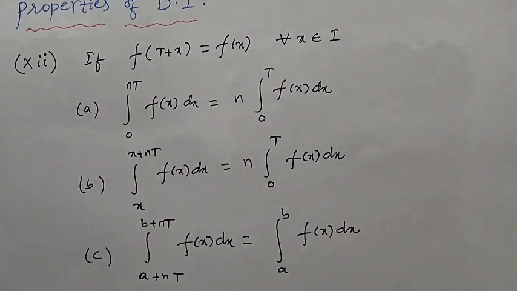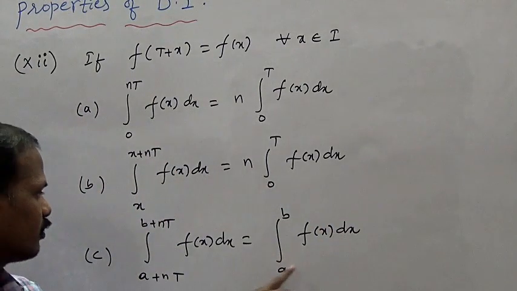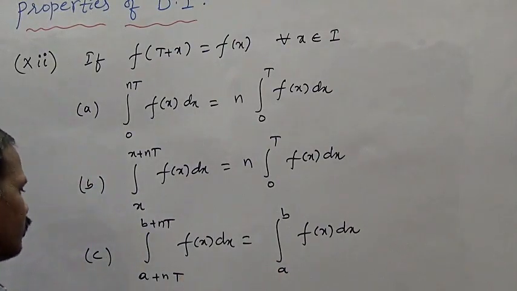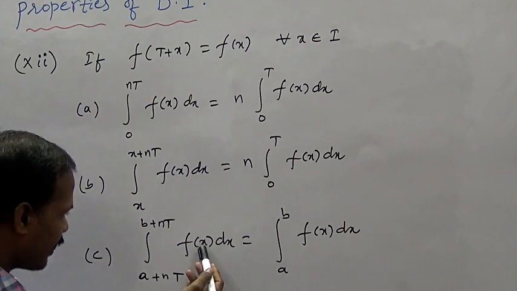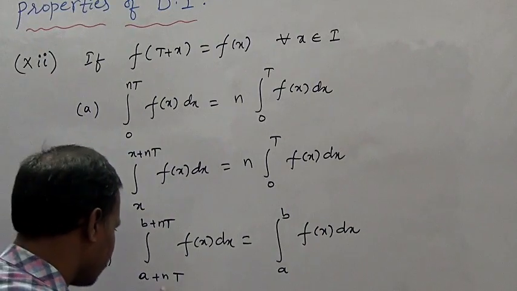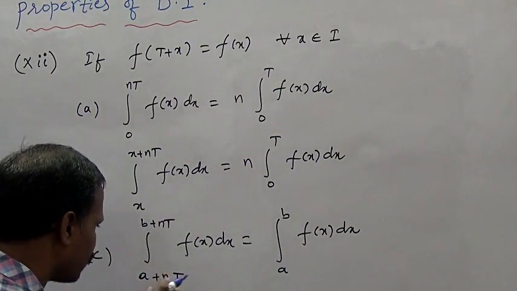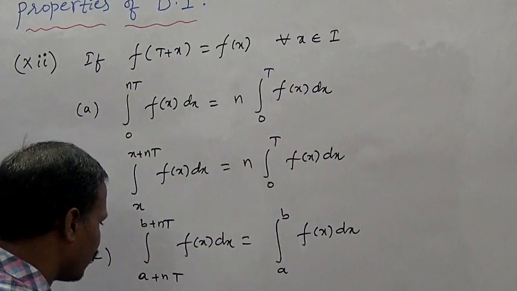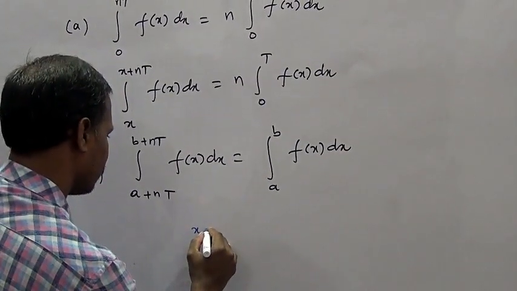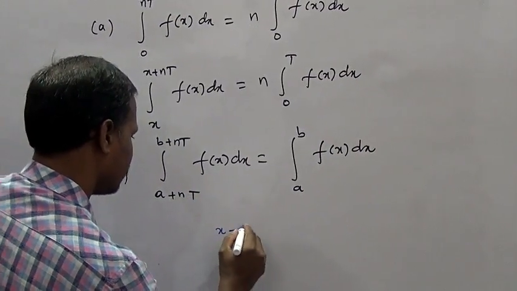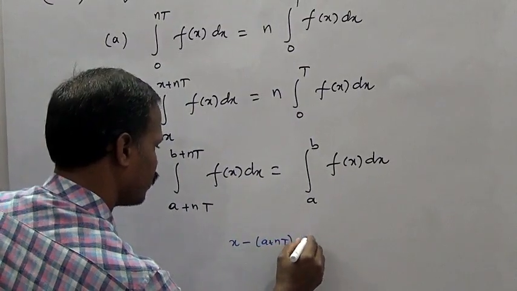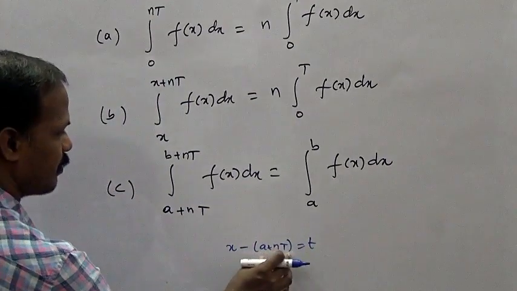See, all these results can be proved by applying the substitution method. If you substitute x, say here, to make a become 0, what do you have to take? x minus a plus nt equals t.